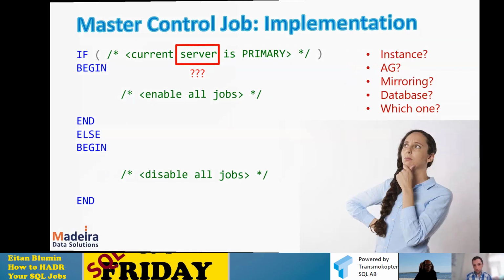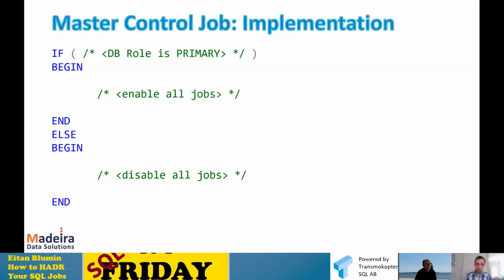So let's assume that we know which database to check, because with availability groups and database mirroring, the core entity being controlled is a database. So a database role is also where these jobs are executed.